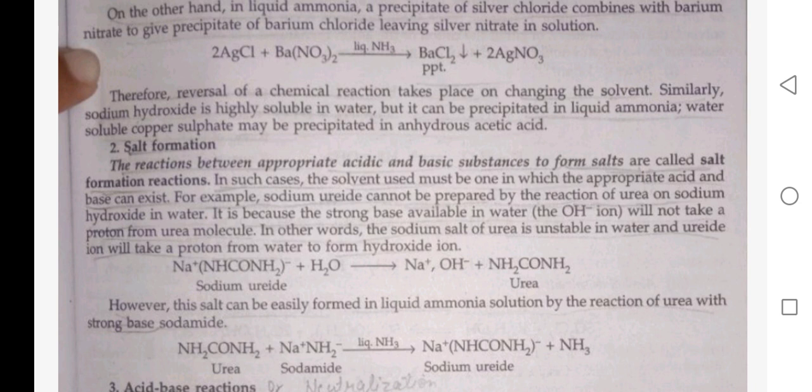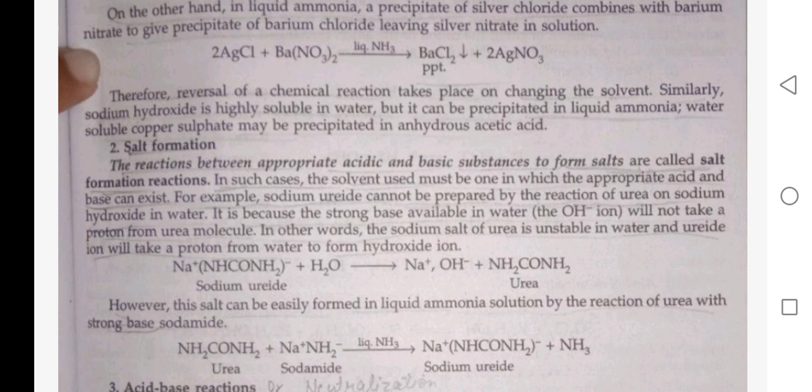Salt formation. The reactions between appropriate acidic and basic substances to form salt are called salt formation reactions. In such cases, the solvent used must be one in which the appropriate acid and base can exist. For example, sodium urate cannot be prepared by the reaction of urea on sodium hydroxide in water. It is because the strong base available in water will not take a proton from the urea molecule.